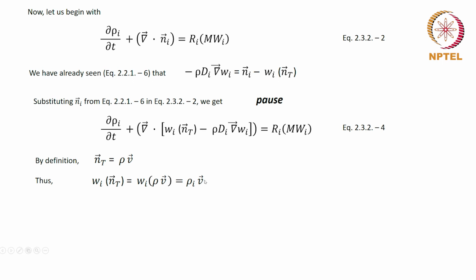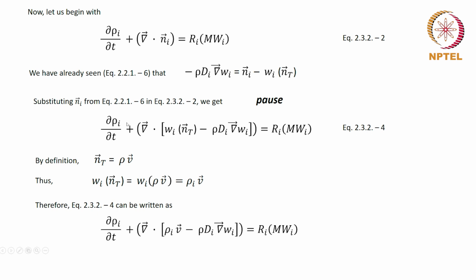So, this becomes ρi times v, and therefore, this equation can be written as ∂ρi/∂t plus del dot of ρi v minus ρ Di del of Wi equals Ri times the molecular mass of i. Okay. Let us call this equation 2.3.2-5.